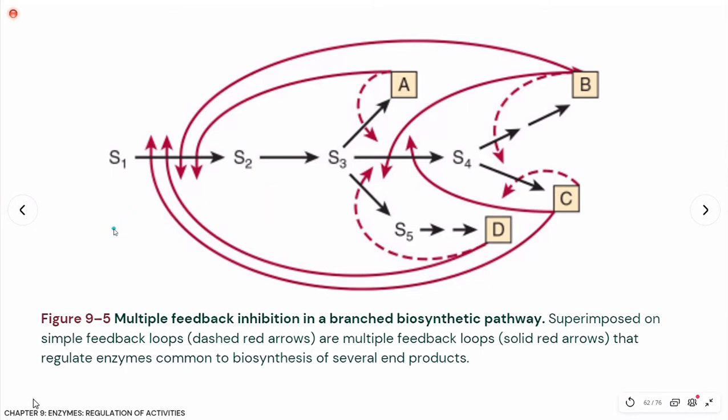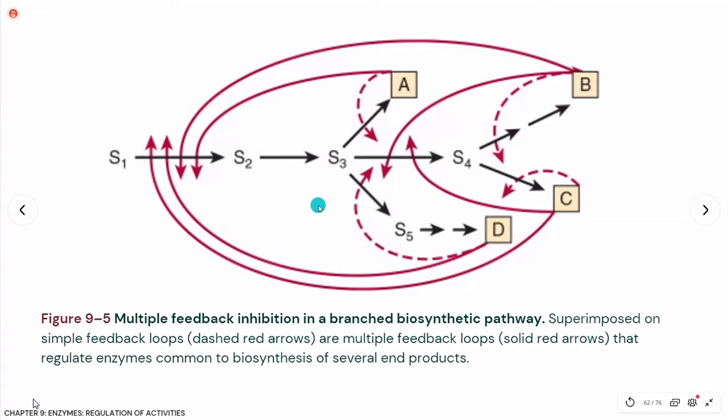And that's what I mentioned earlier. Most allosteric enzymes are found early in the pathway. And this is the earliest enzyme here. For this pathway here, that's the early one, because there's only one. But for this one, there are two. This is the earliest for producing B. And for D here, the earliest would be this one.